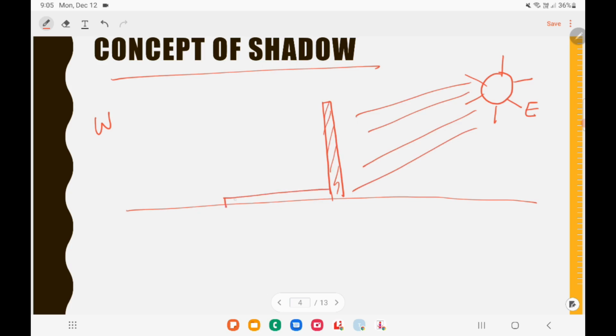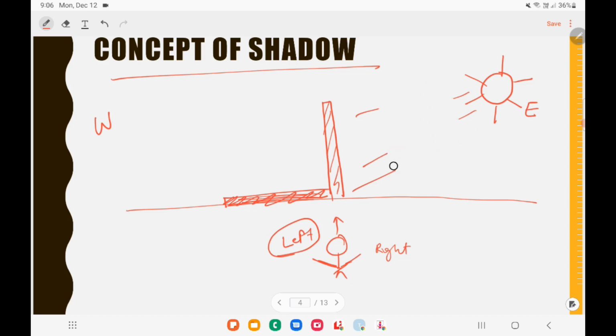So the shadow of the pole will be here. And if a person is standing here looking at the pole, this shadow will be on his left side, because this is the left of this person and this is the right. So if the sun is in the east direction, the shadow will be on the left of this person.